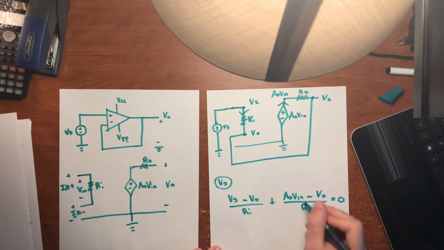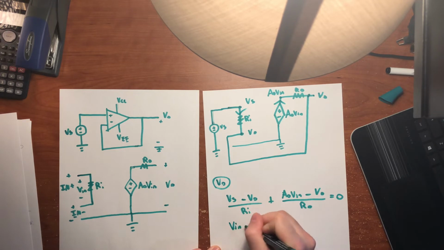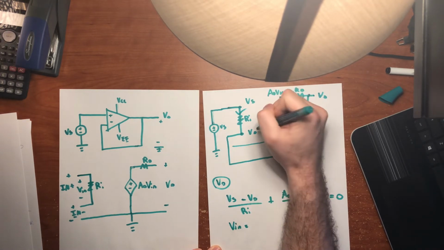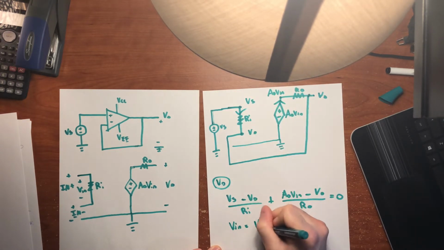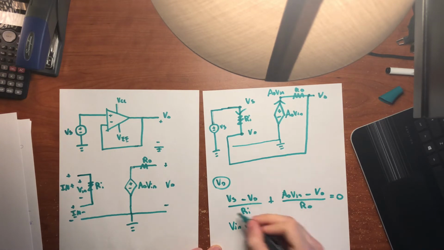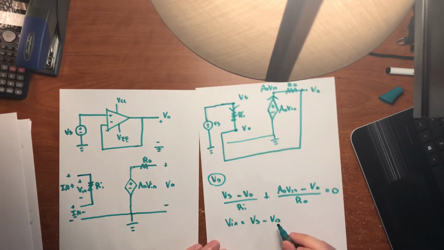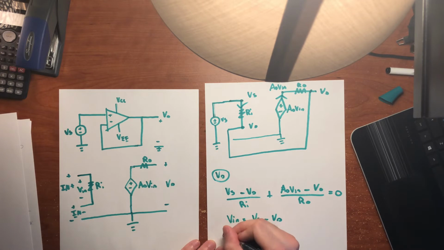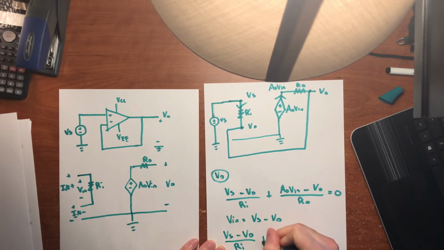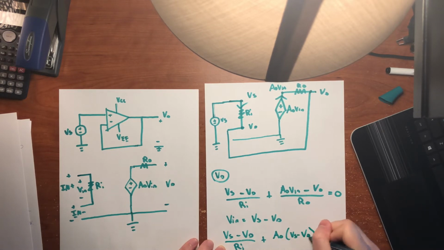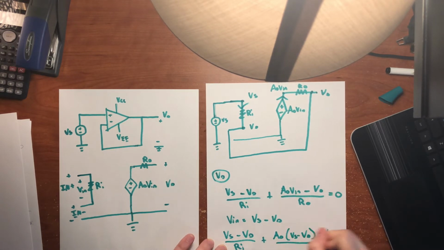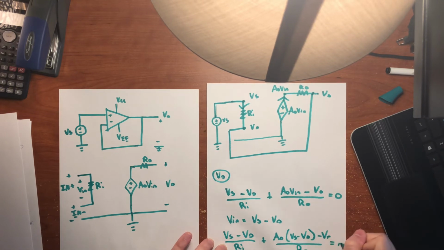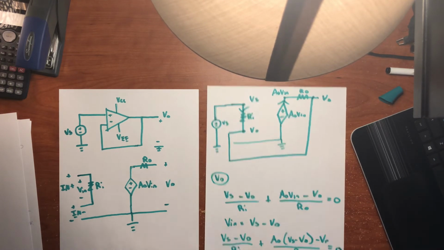Now, V in is actually just Vs minus V naught. So if we simplify this equation right here, we could say Vs minus V naught over Ri plus A naught Vs minus V naught divided by R naught equals 0.